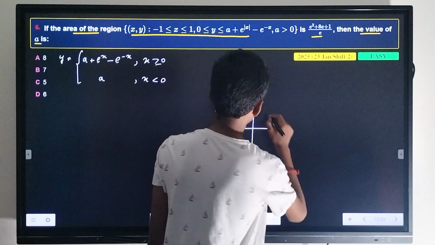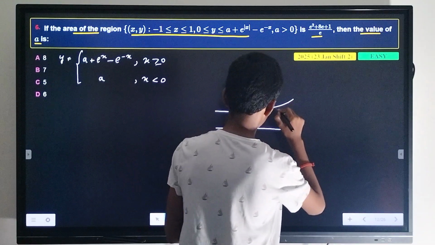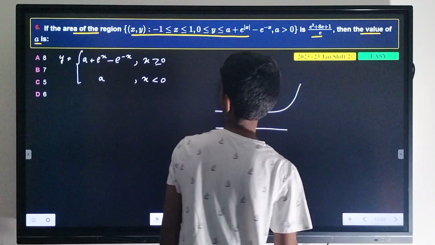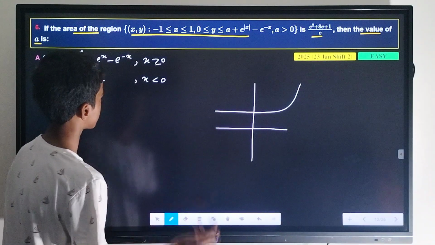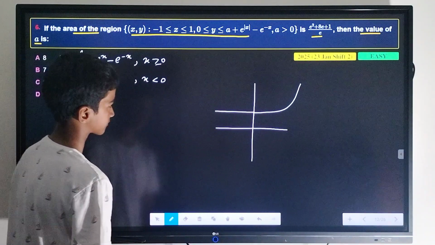And when x is greater than equal to 0, this will be A plus e raised to power x minus of e raised to power x.